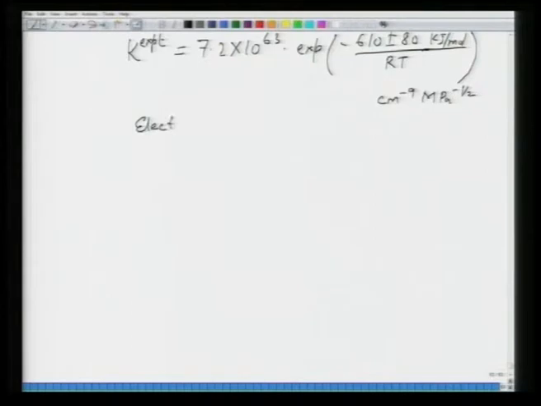So, the electrical neutrality condition gives you NH is equal to 2 of Vmg.